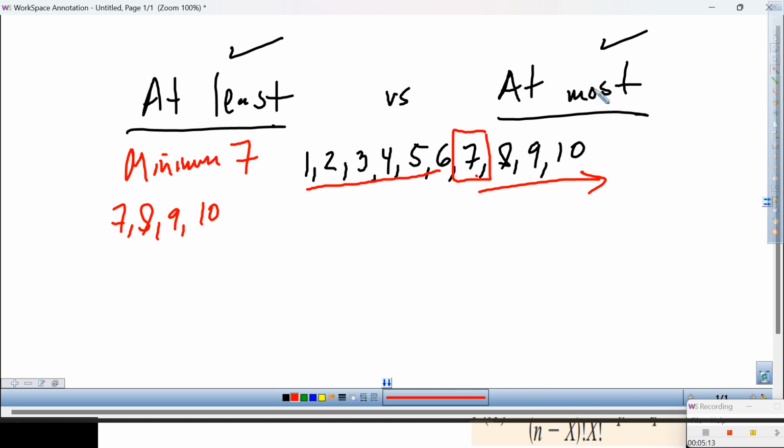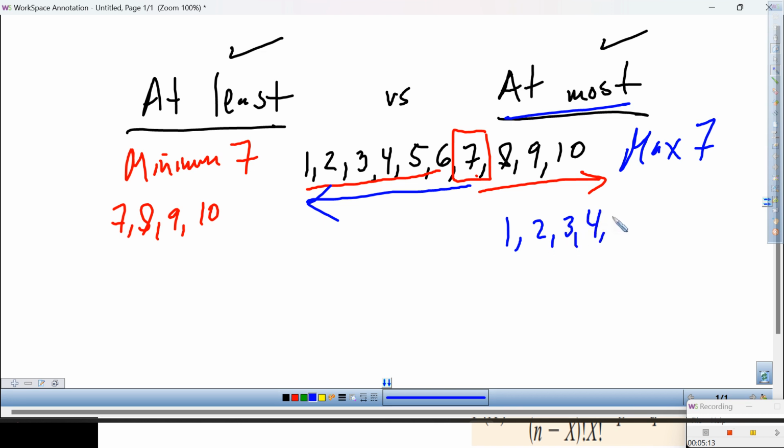How about at most? What does at most mean? Jaden, Wilson. So 7 is the max, so you need to use everything below 7: 1, 2, 3, 4, 5, 6, and 7. Hands if you agree with that. That's pretty clear, yes?